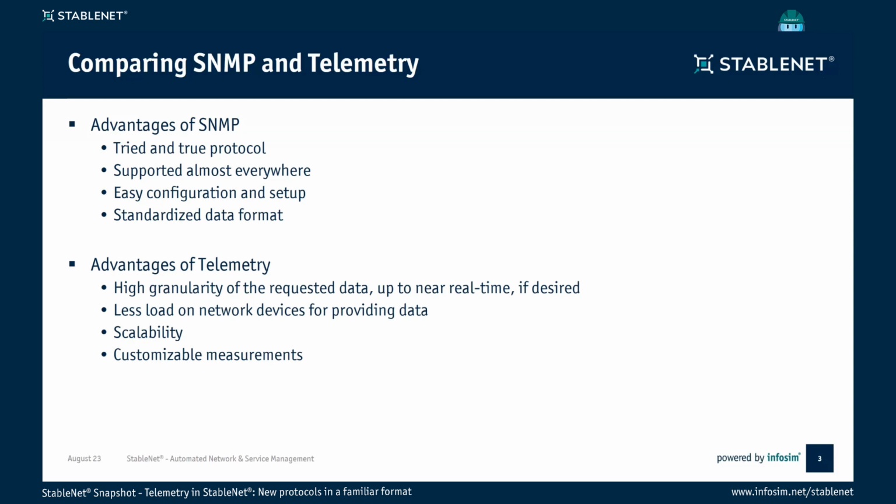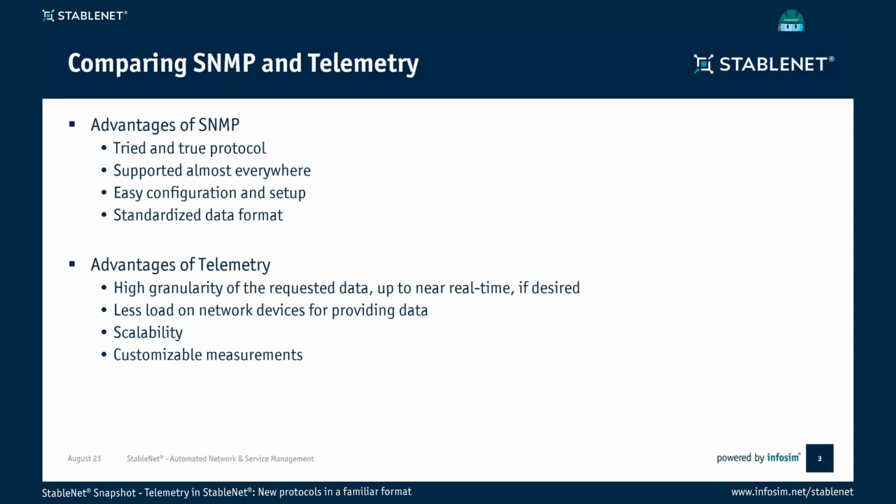On the other hand, we have telemetry. What does telemetry provide for us that we can't achieve with SNMP? Most important, telemetry measurements are better scalable because they cause less load on network devices to provide the requested data when compared to SNMP.